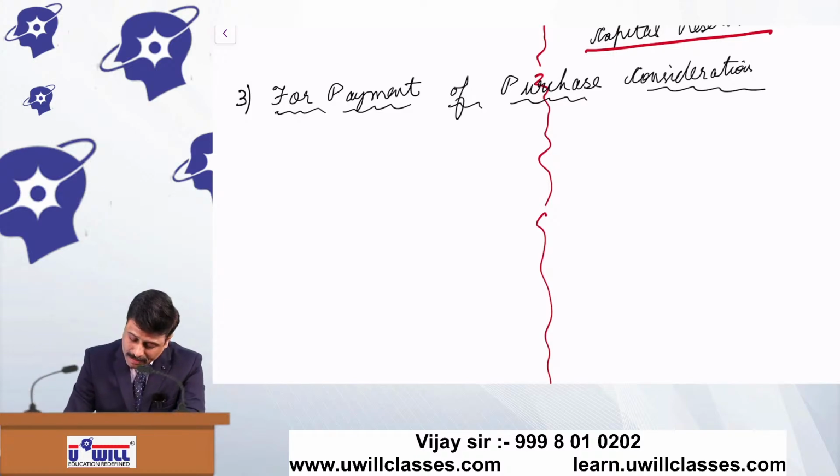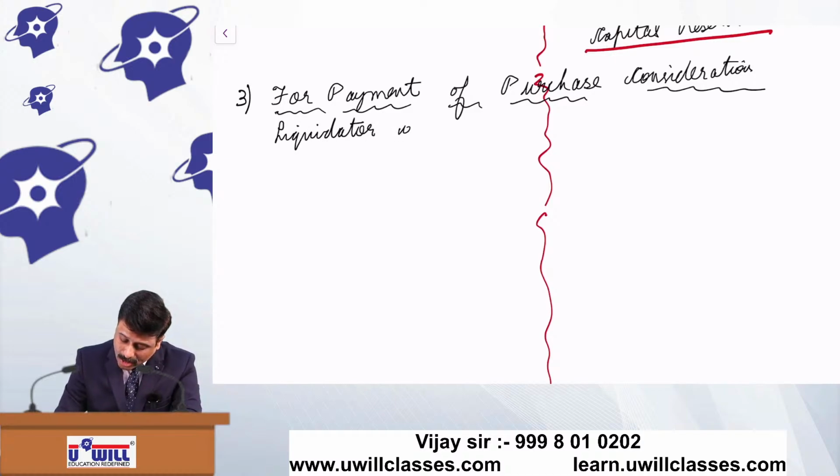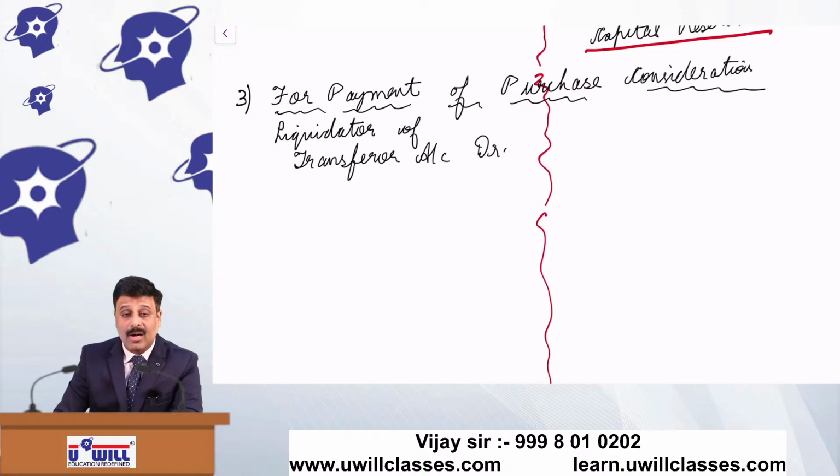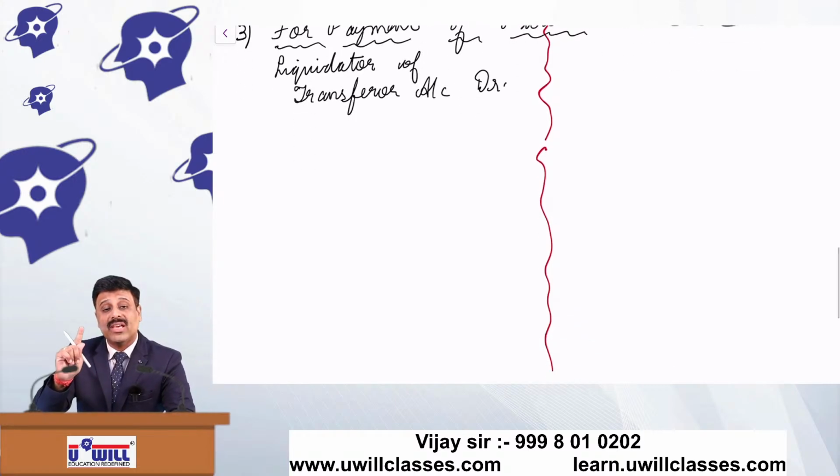So entry will be: liquidator is the receiver, debit the receiver, liquidator of transferor company account debit. And you are going to give only one thing, that is equity shares.